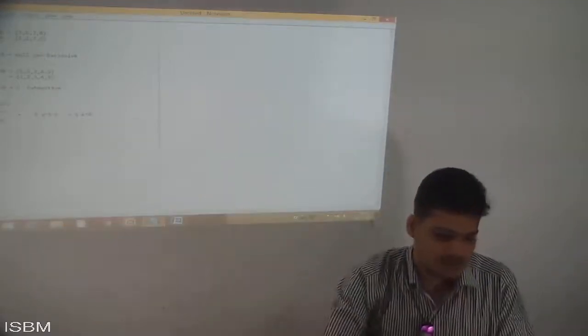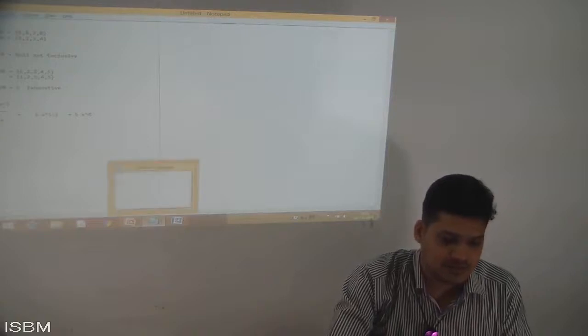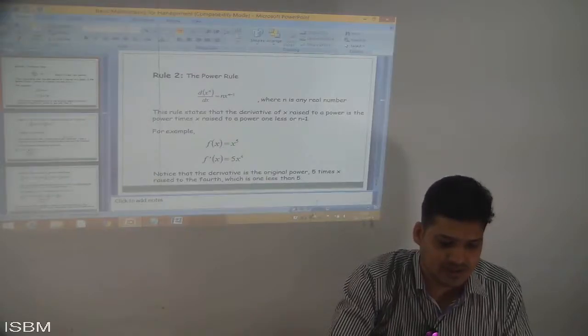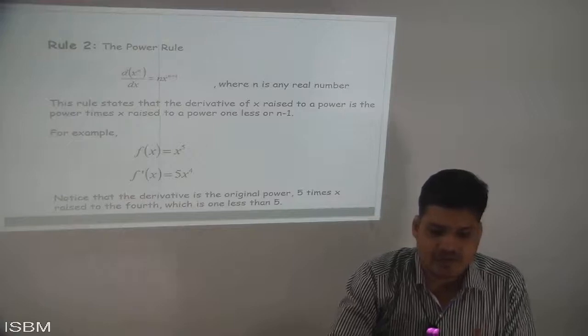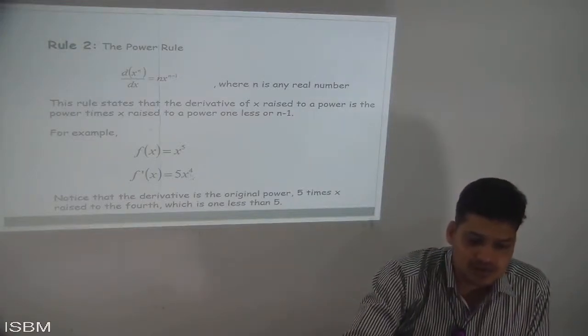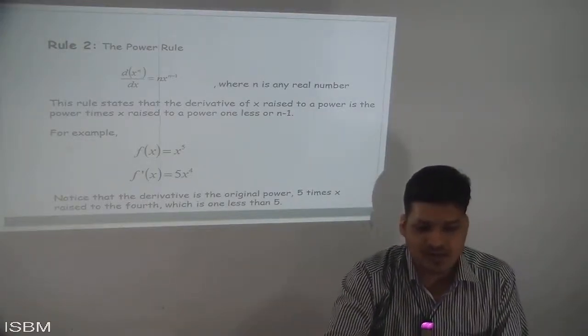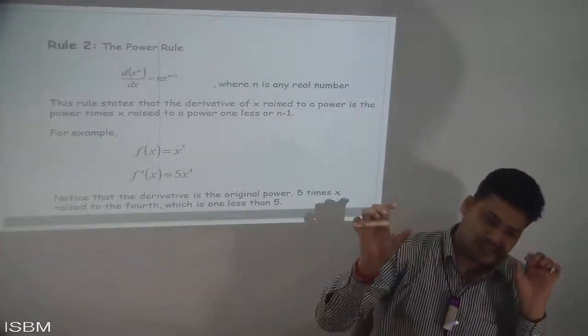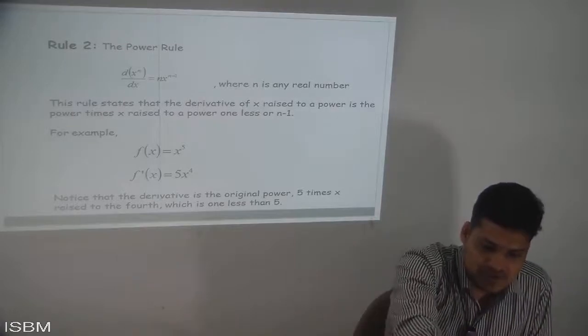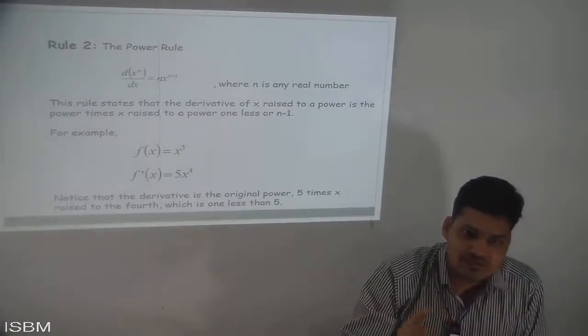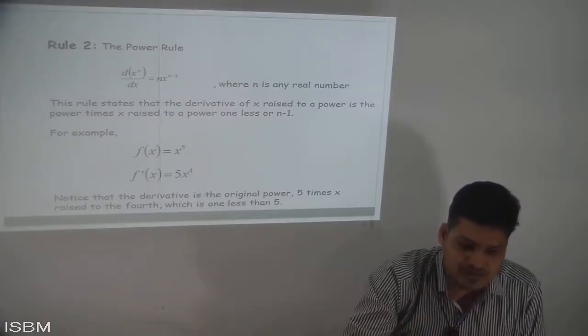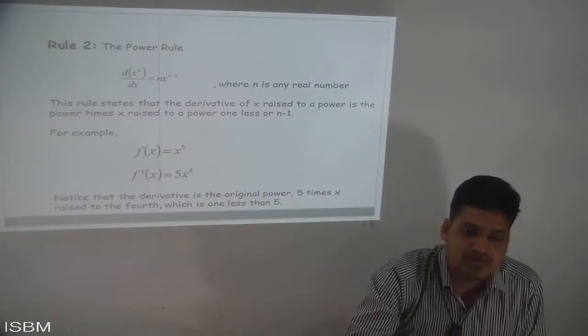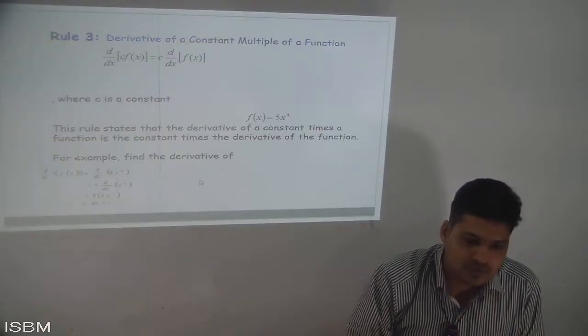This is the simplest way to denote it. The power has come out over here and 1 has been deducted from the power, so it has become 5x to the power 4.